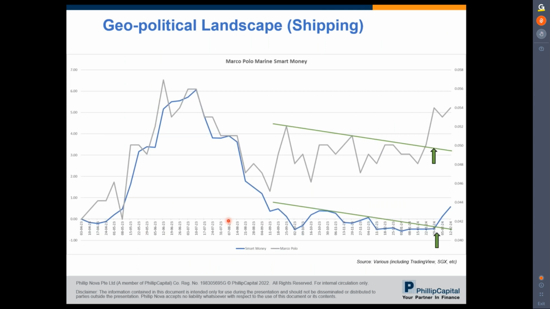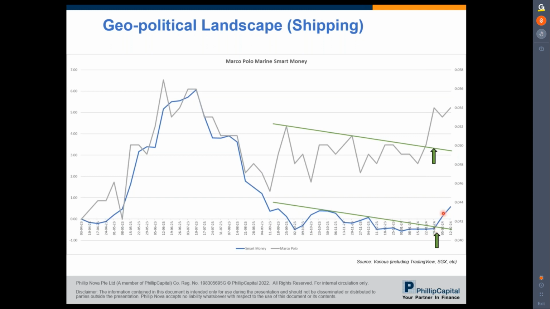Okay, so this is the smart money chart for Marco Polo Marine. The ticker is 5LY. Okay, so we can see that after the initial spike from July last year, until maybe just recently, like early February, the smart money had been selling this stock, Marco Polo, right?